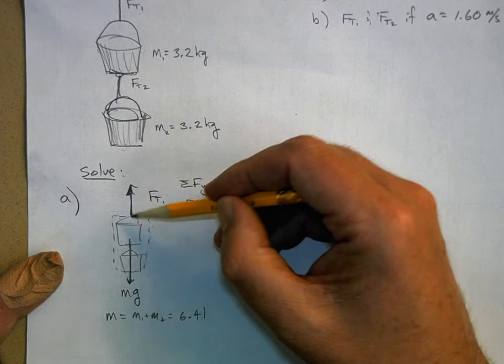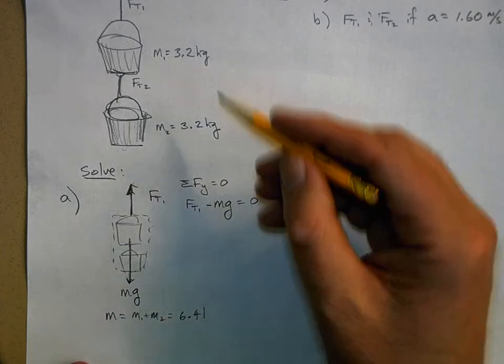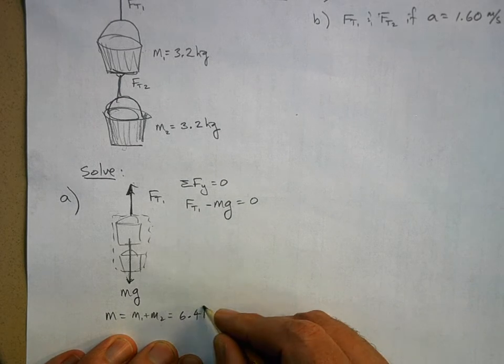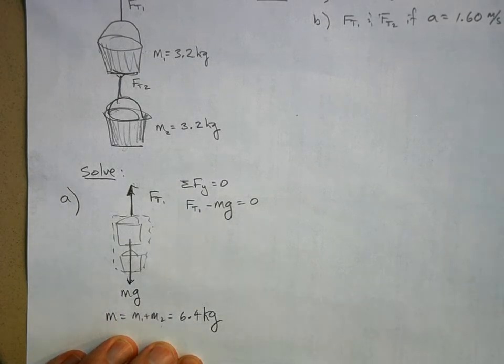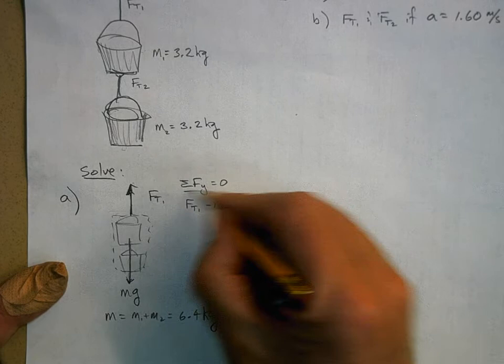So the mass that this has to support is the combined mass, which is 3.2 plus 3.2, 6.4 kilograms. Now in part A, it was given that the acceleration is 0.